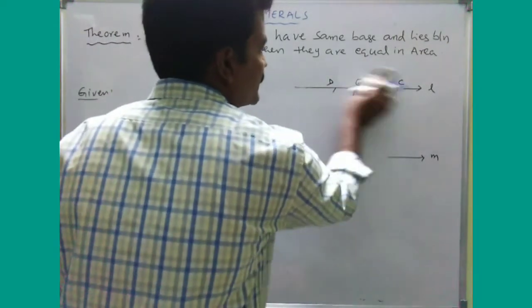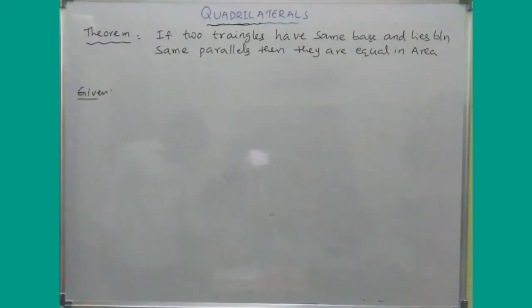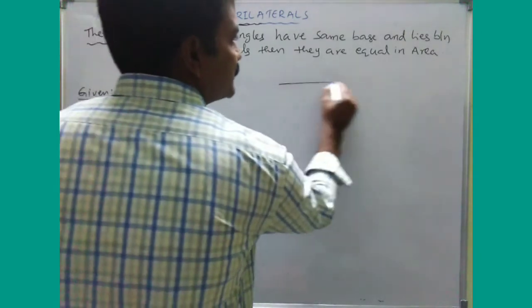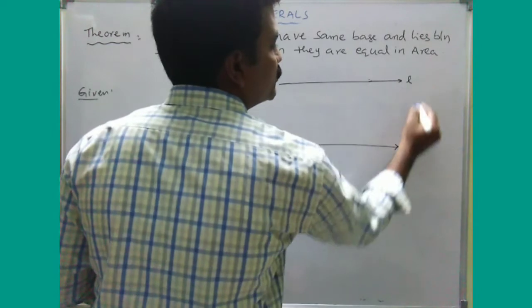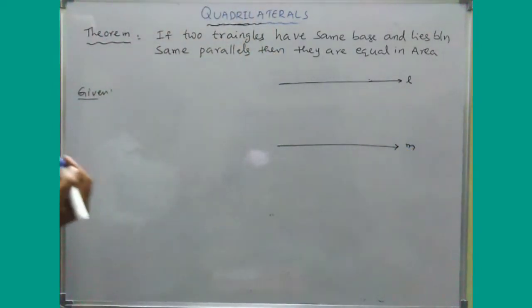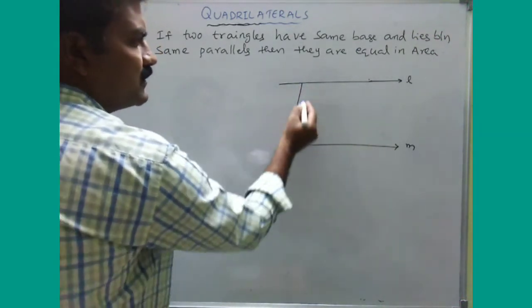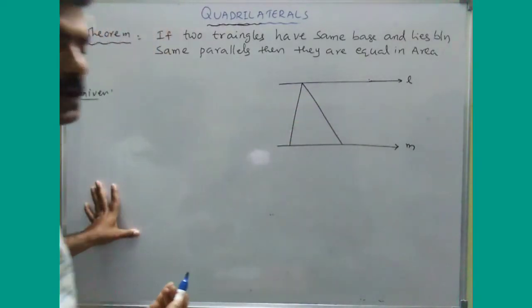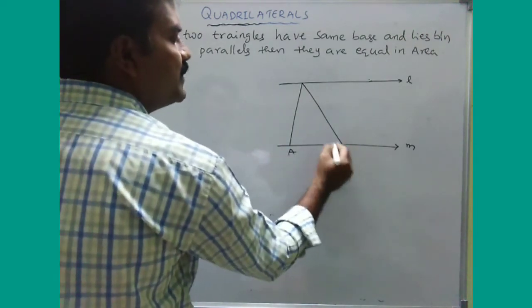So what is this? Two triangles are on the same base. For example, once again consider that these are the two parallel lines L and M. Assume that this is one of the triangles, say ABD.